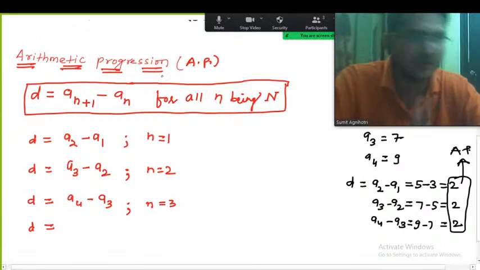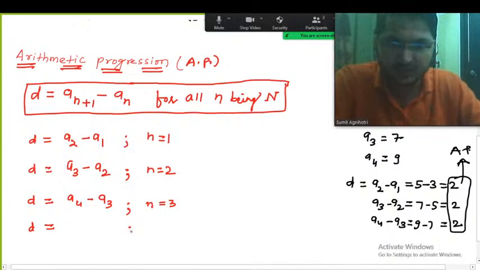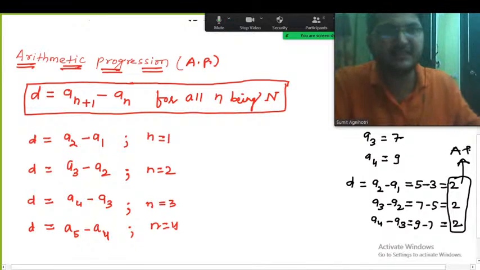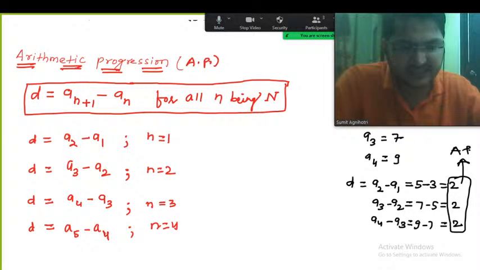This is also very important to understand. If I substitute n equal to 4, we have a5 minus a4, that will be our common difference. And in this way we may have many such common differences. I think you are okay with this explanation.